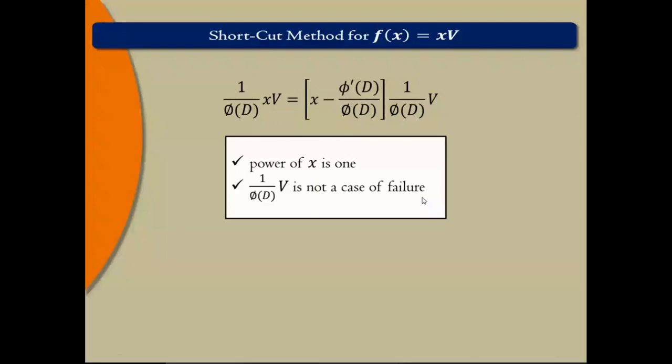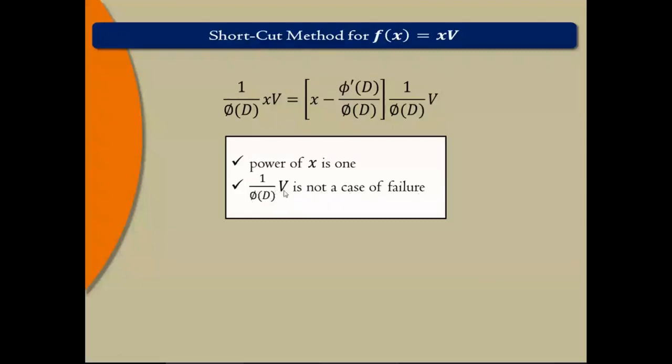Now, what is a case of failure? Suppose v is the function e raised to ax. For e raised to ax by the shortcut method, we replace D by a, and if it is non-zero we get the solution. If it becomes 0, then we take a derivative and then simplify. But when it becomes 0, that we call a case of failure.